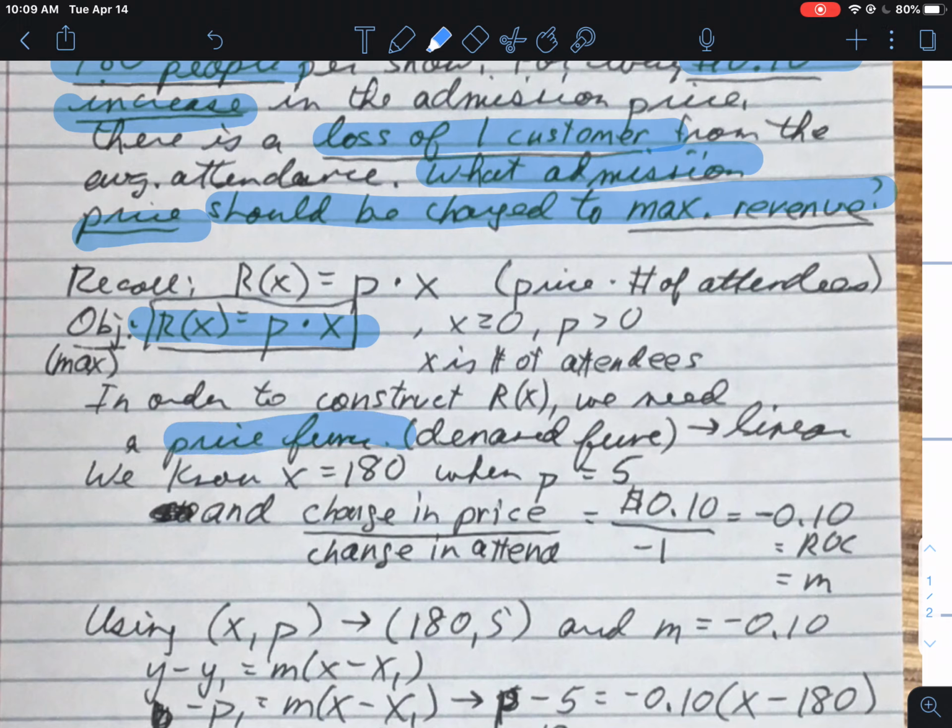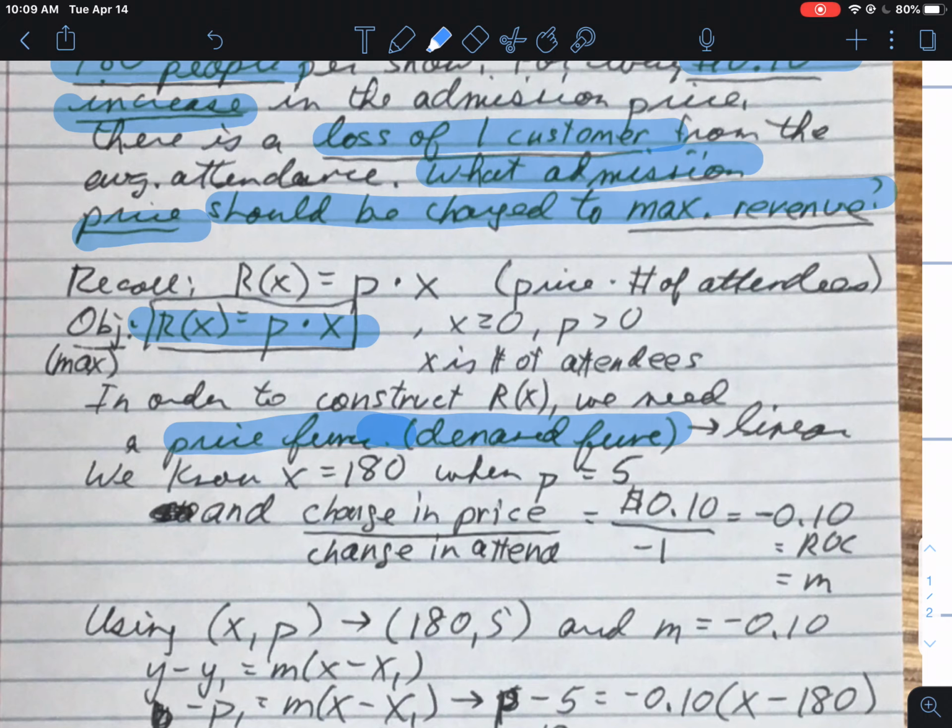Now, we're calling it a price function. It's also called a demand function. And that's something we're going to explore more in detail in the next section. We're going to talk about demand functions, but it's a price function because the price that you charge is going to be based upon the demand for the product. And in this case, it's the ticket to a show. And so I'm going to charge a certain price for that ticket.